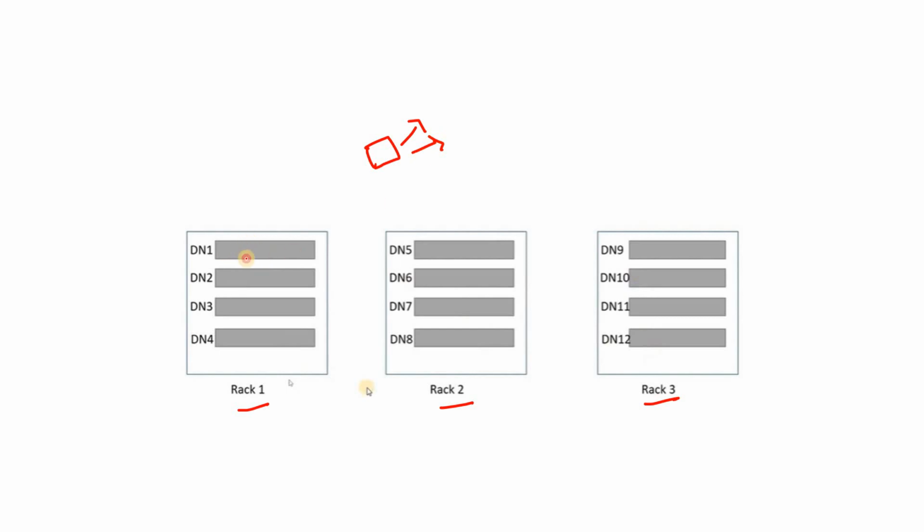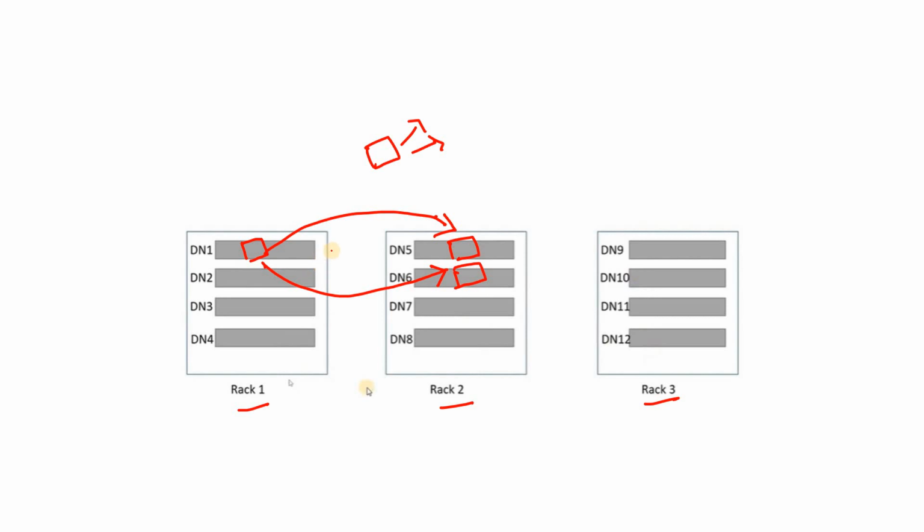For example, one particular block is written in data node 1 in rack 1. To make the system fail-safe, the same block will be replicated in other data nodes also. For example, in rack 2, the same data will be copied in data node 5, and maybe somewhere in data node 6 also.